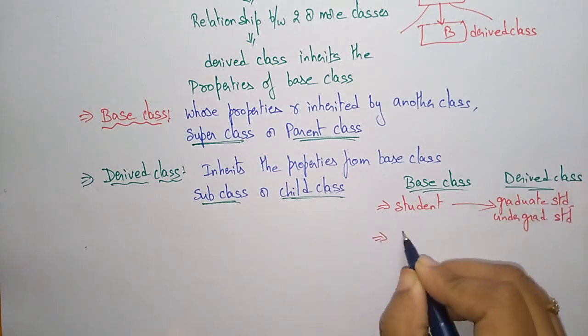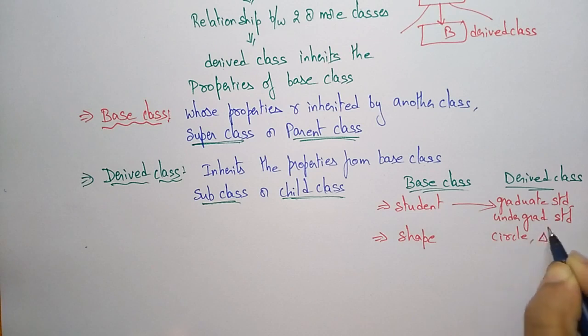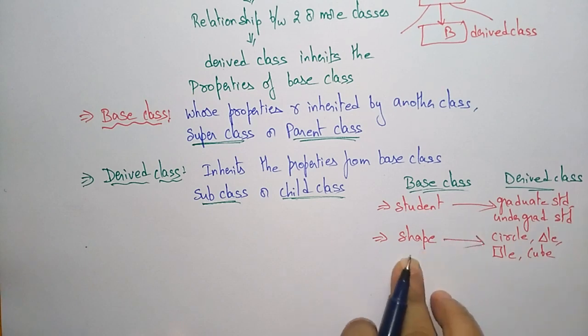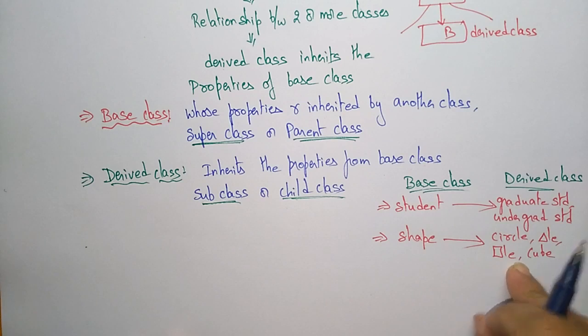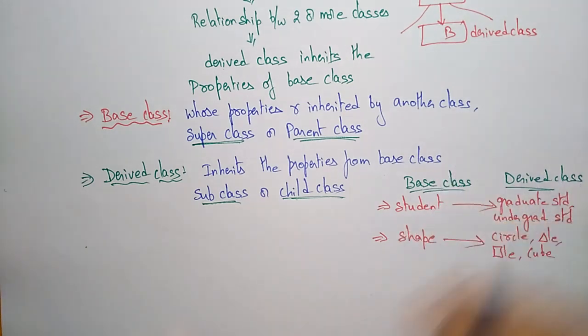If you take another example, suppose shape is a base class. The derived classes may be circle, triangle, rectangle or cube. The derived class inherits the properties of the base class.